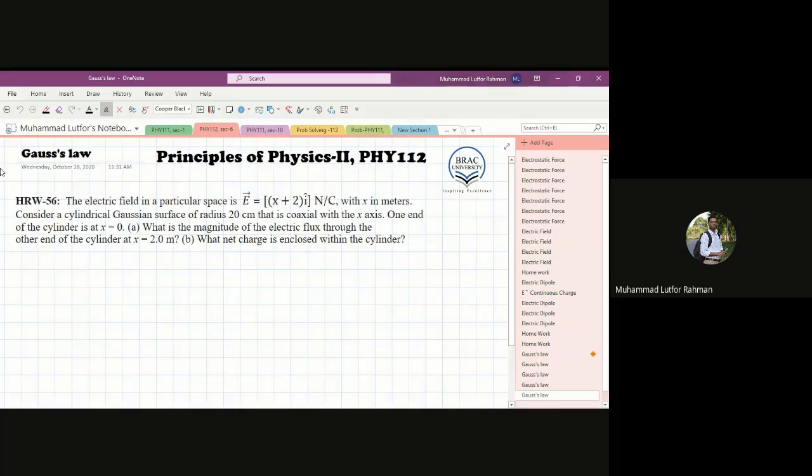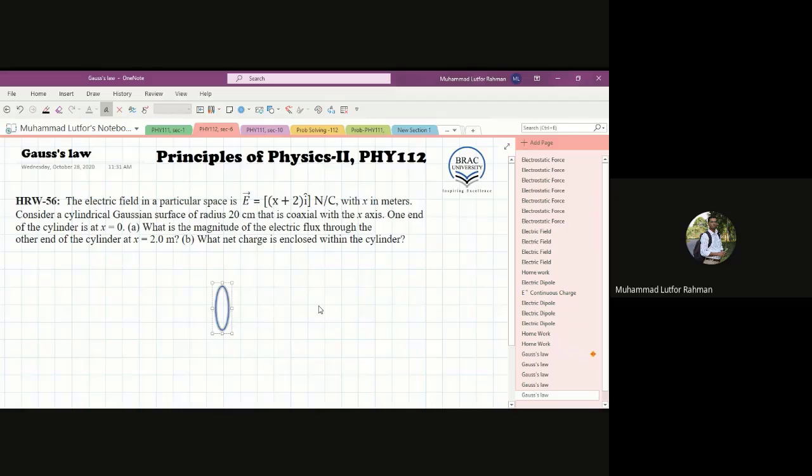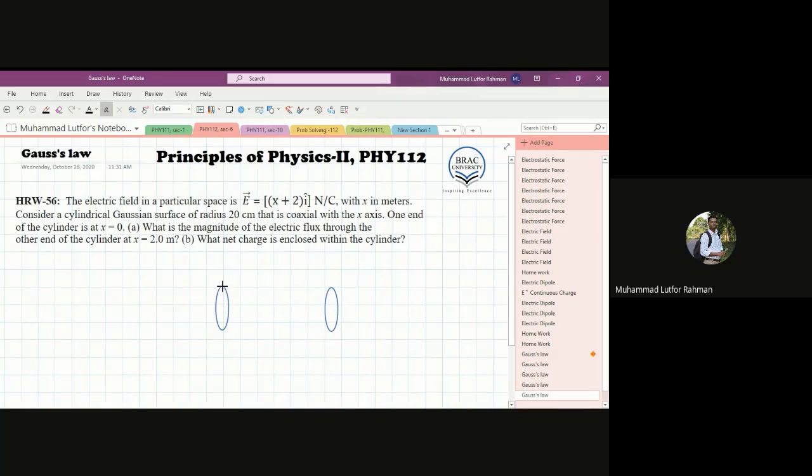Say I choose one surface, this is the electric field.